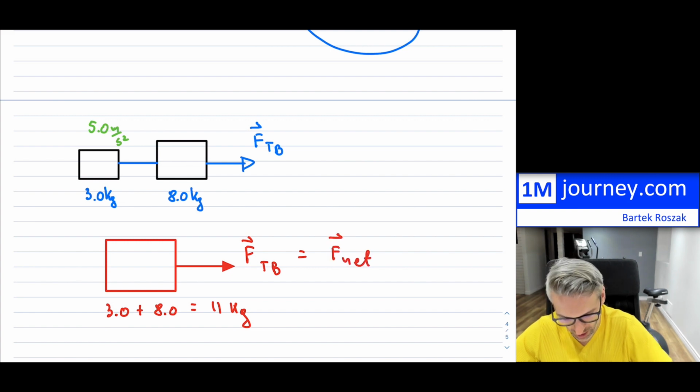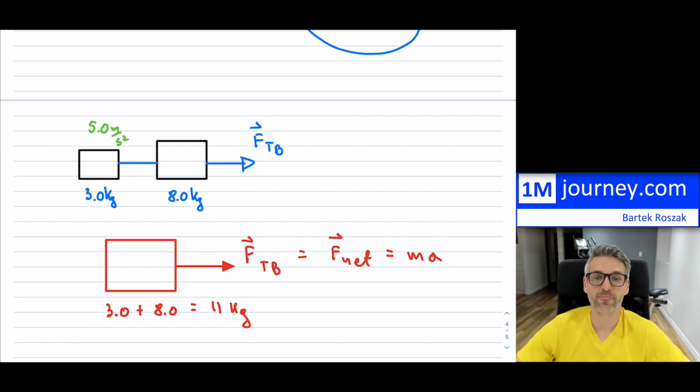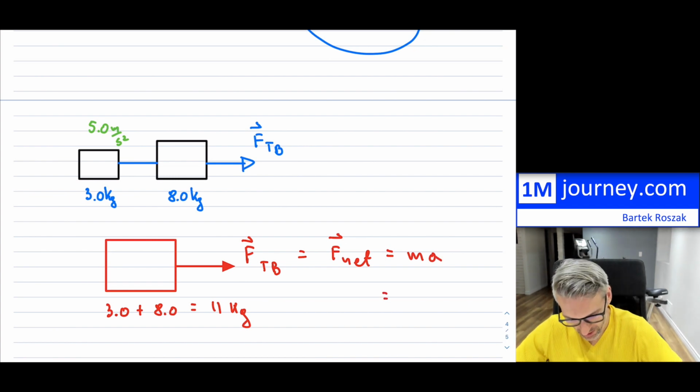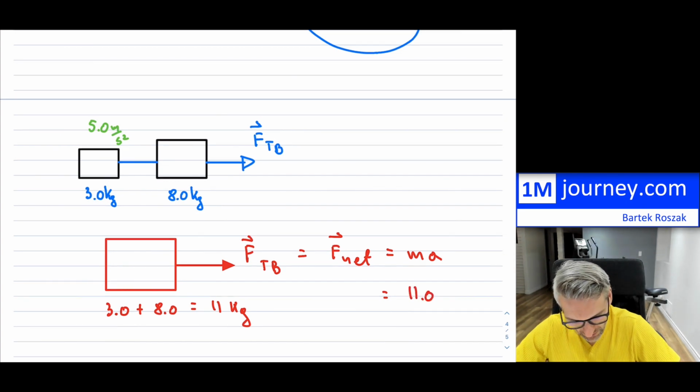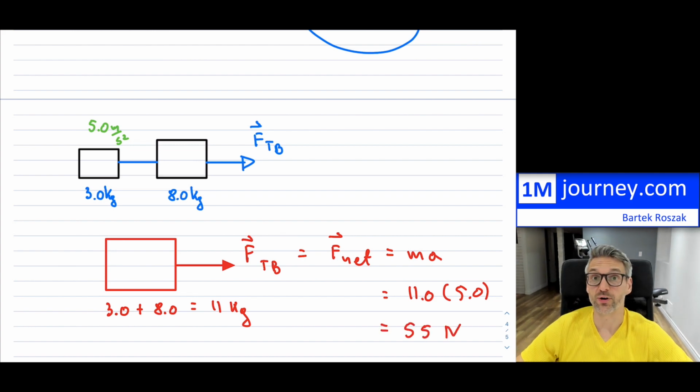And that, again, is just mass times acceleration. So what would you do in here? Well, that mass times acceleration, now it's 11 within here. Acceleration was 5, so this is going to be 55 newtons. So there you have it. That actually tells you what that particular tension has to be.